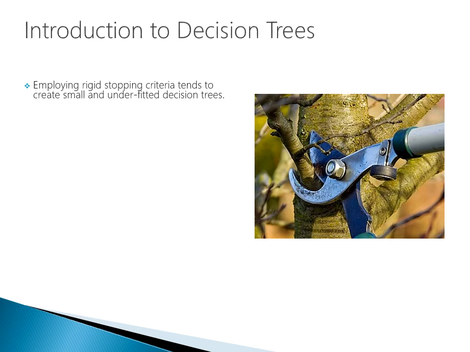So when we're growing a tree, how do we know what size of a tree we should be looking at? If we employ very rigid stopping criteria, it tends to create these smaller, underfitted decision trees, like little tiny twigs growing out of the ground.